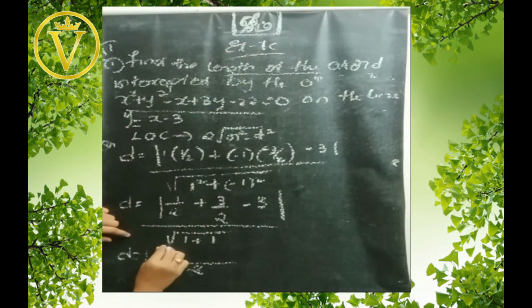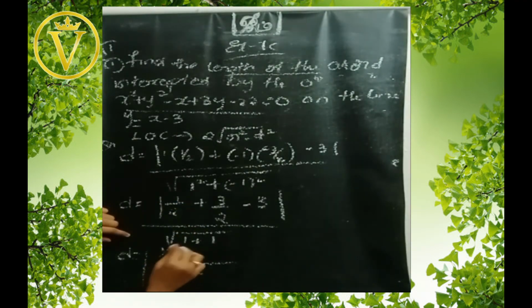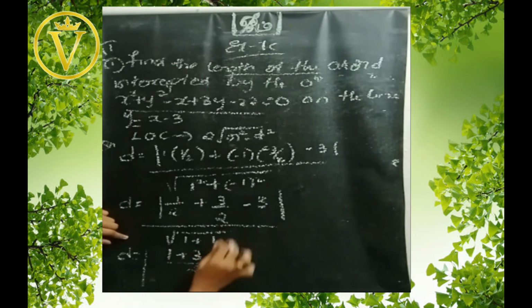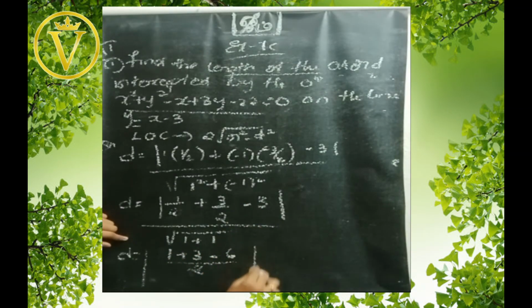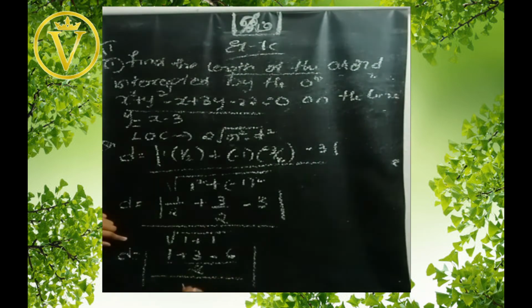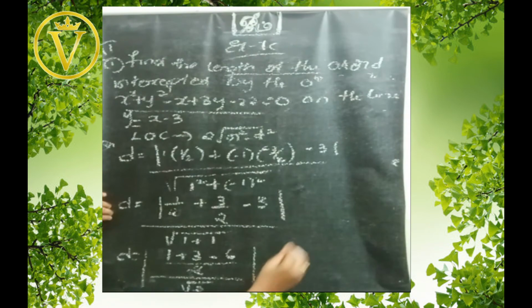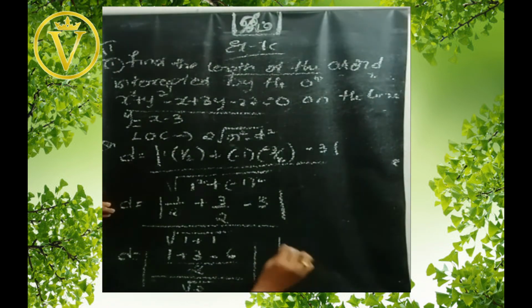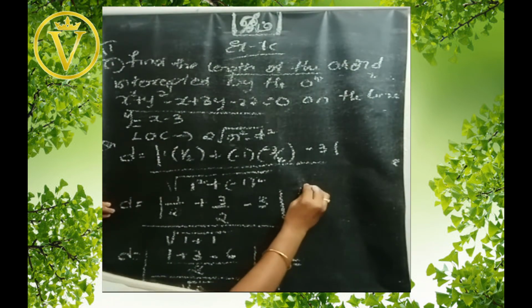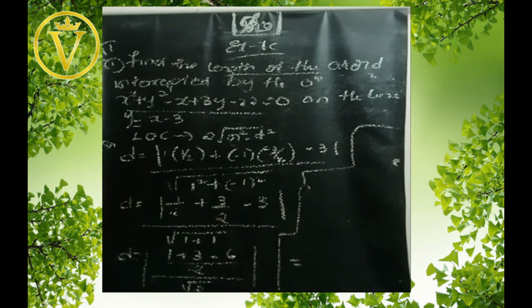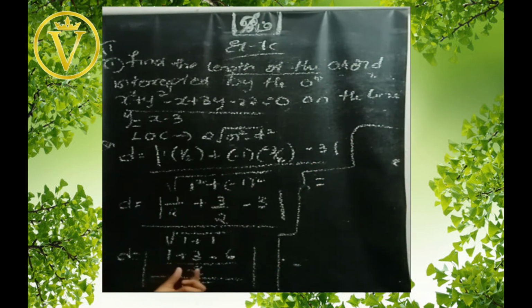And multiply every term with the 2. 1 by 2 into 2 means we will get 1 plus 3, minus 3 2s are 6, by root 2. It means root 2. d equals 4 minus 6.